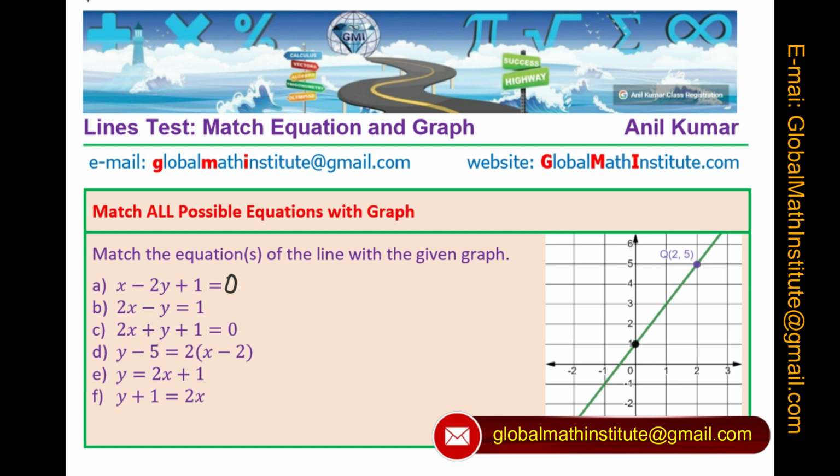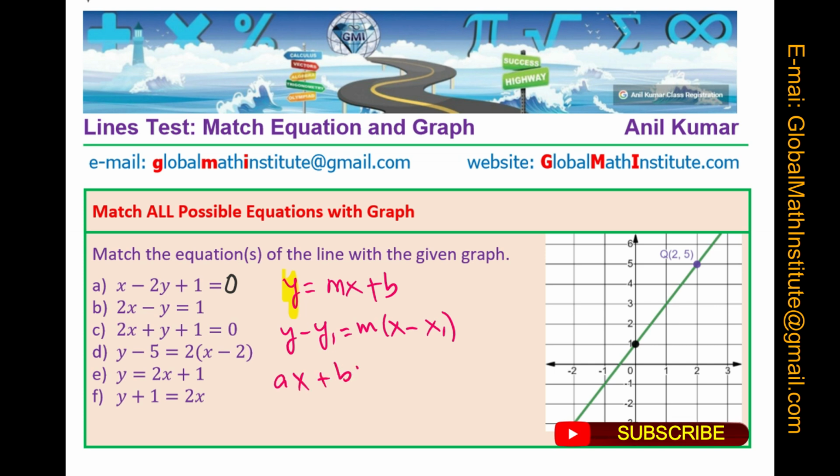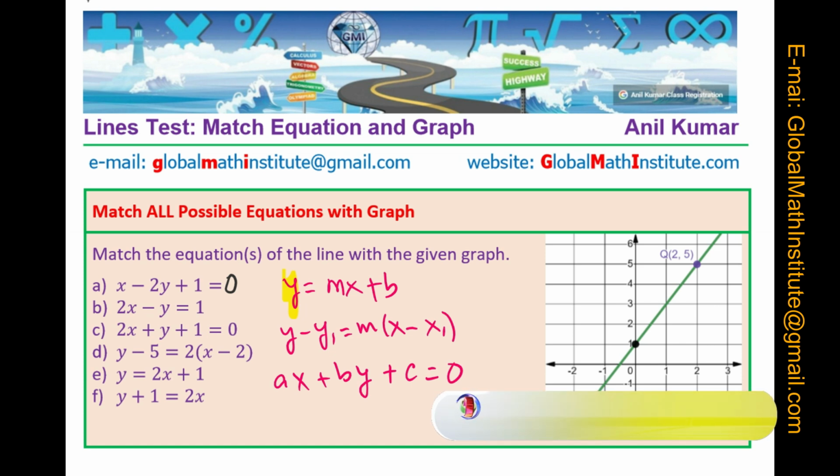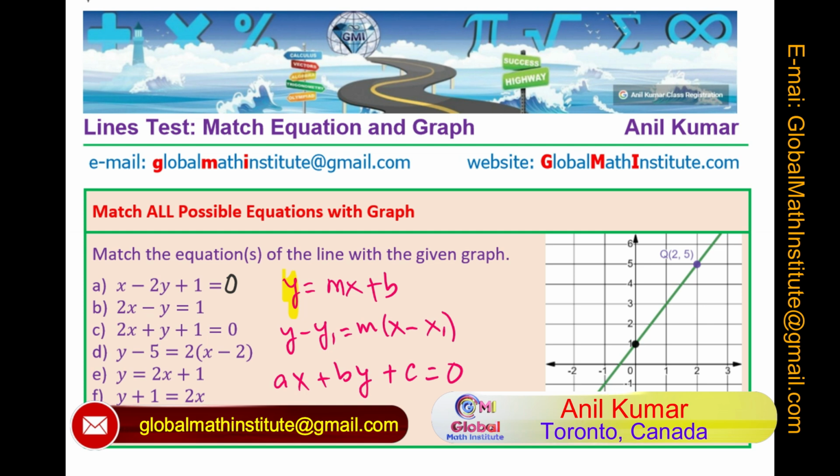So we have the equation lines of the form y equals mx plus b, y minus y1 equals m times x minus x1, or the standard form ax plus by plus c equals 0. So try to relate these equations and get all the options which are correct for the given graph.